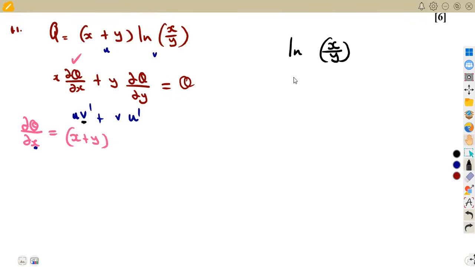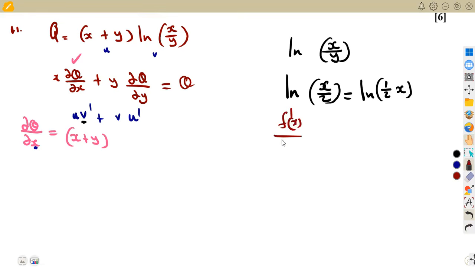Just imagine you are asked to differentiate ln of x over 2. 2 is a constant. How do you do this? This is the same as ln of half x. Remember that the derivative of ln f of x is the first derivative of f of x over f of x, or you can just take 1 over x.